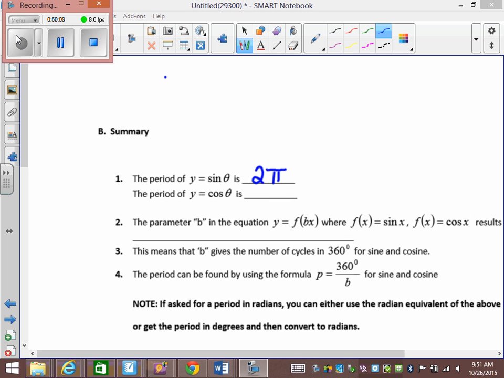And then cosine is 2 pi as well. The parameter b in the equation f(bx), for f(x) is sine x or f(x) is cos x, results in what? A change in the what? What does the b do? It changes the period.